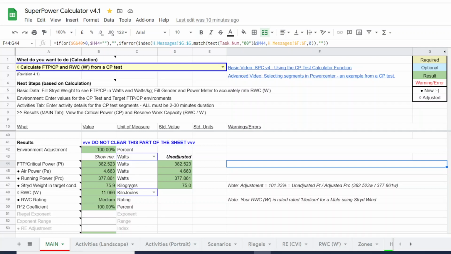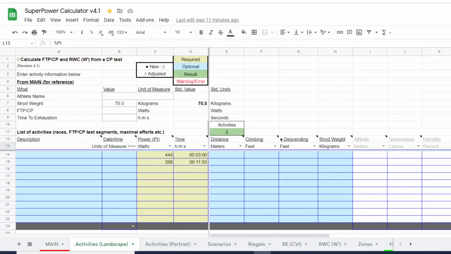If they're running on a treadmill, they reset their weight setting to 75.9 or 76 kilograms, and they could still use the same critical power because this is going to inflate the power by the same amount that you lost when you lost air power running on a treadmill. So that corrects that based on what you put in for this air power for each segment.